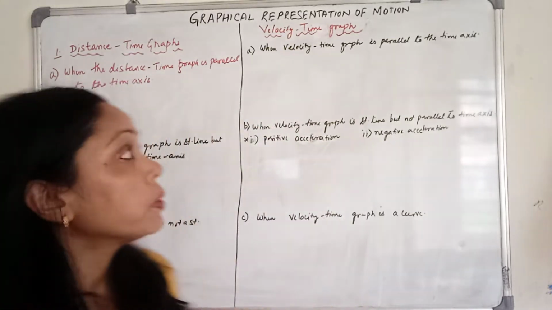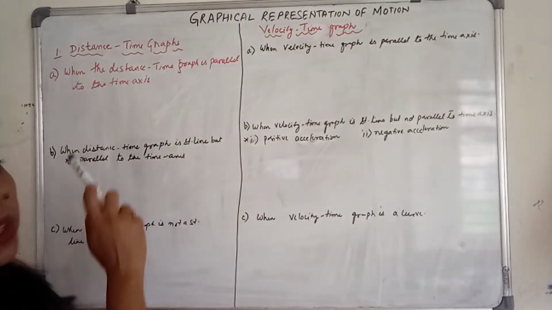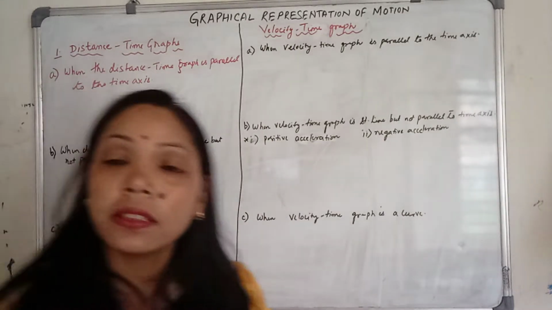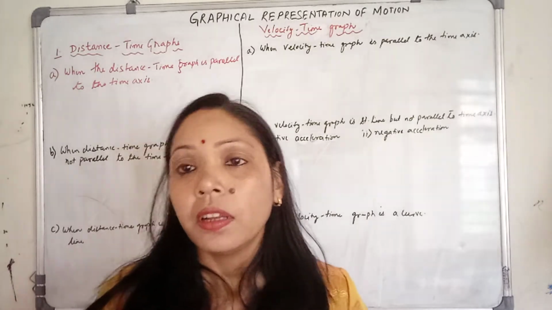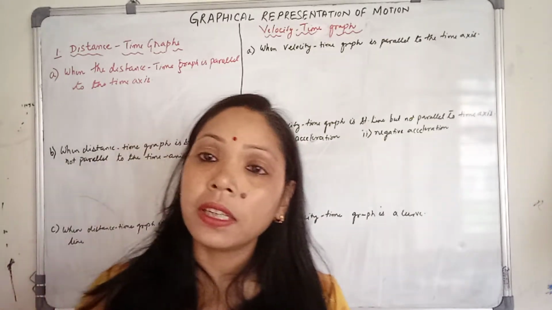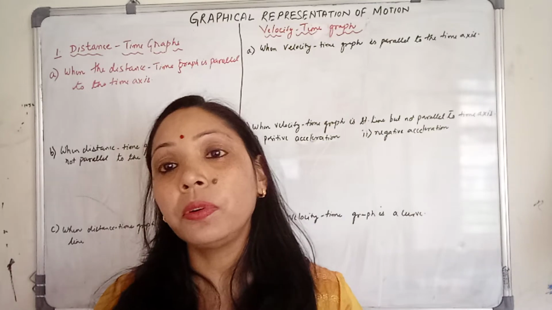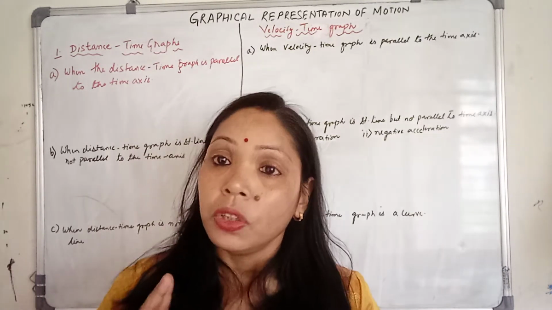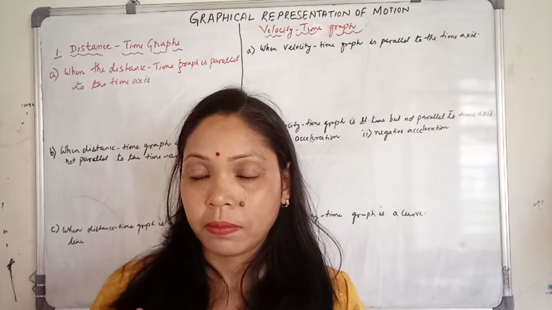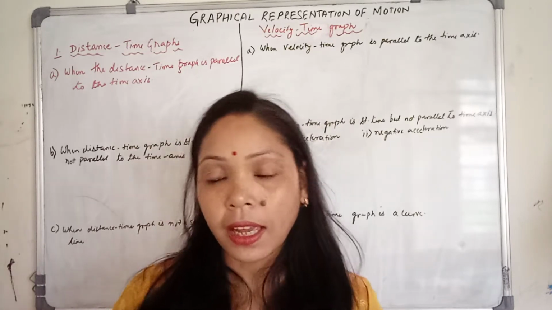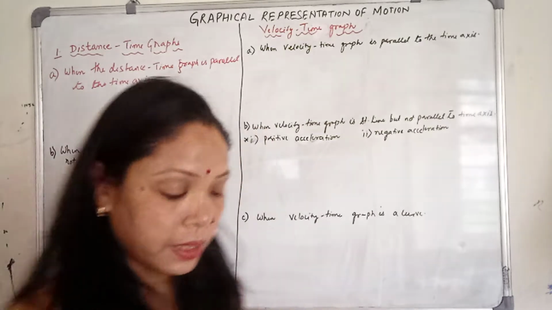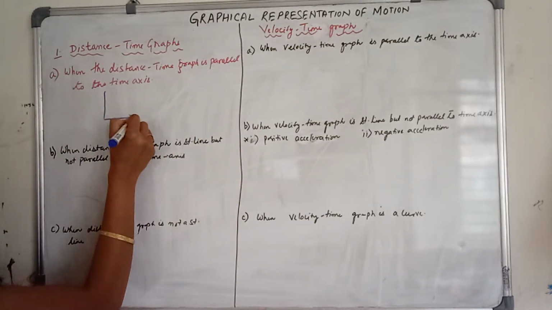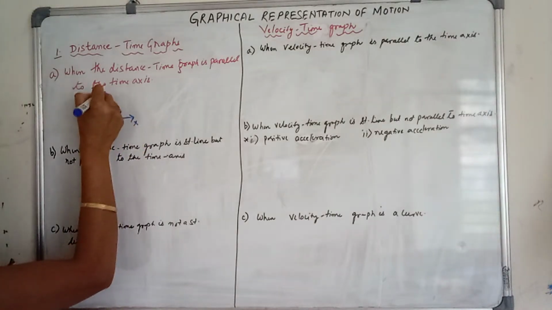Let's start. So in graphical representation of motion, first of all see the distance time graph. Whenever you are plotting a graph, you have to remember one thing, that you have to take two axes. One is your y-axis, another will be your x-axis. So draw x-axis and y-axis.